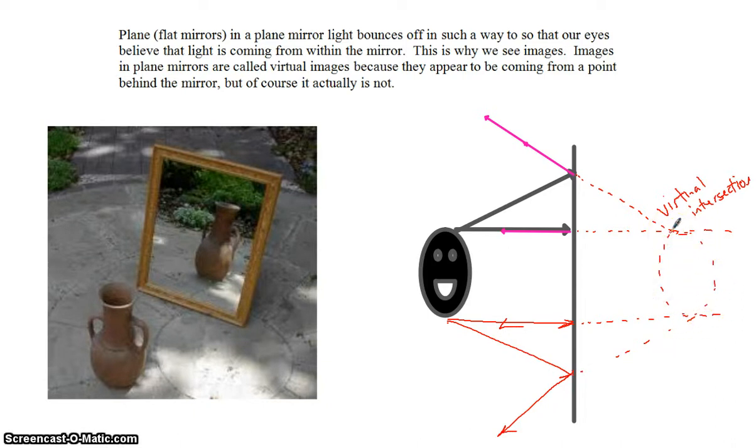And if you look at any place on the object, you will find that there's a virtual intersection of corresponding points behind the mirror. And so we end up with a virtual image. With a plane mirror, that virtual image is always the same size as the object. It's always the same distance from the mirror. So if this was 1 meter, this would appear like it was 1 meter back, and so on.